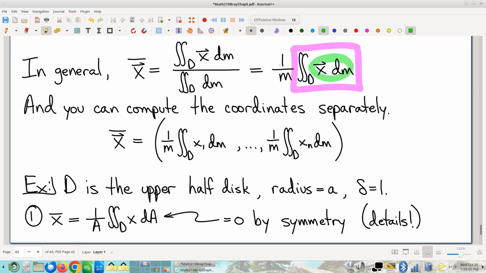Because what I'm going to do with that integrand, well, I'm going to multiply by scalars, dm. How do you multiply a vector times a scalar? Well, one coordinate at a time. Then I'm going to be adding these things to each other. How do we add vectors? Well, one coordinate at a time, independently of each other. And then lastly, how do we scale a vector?